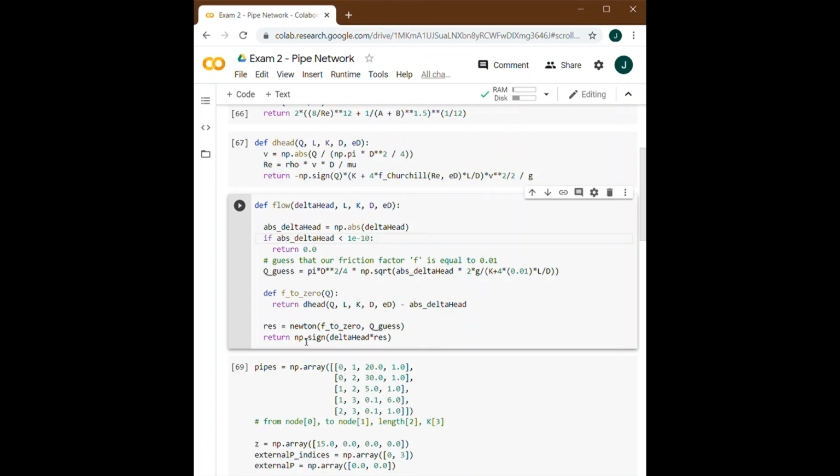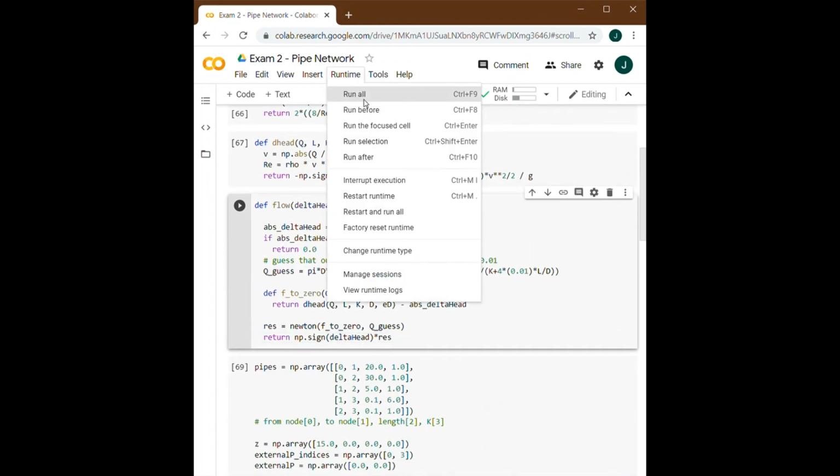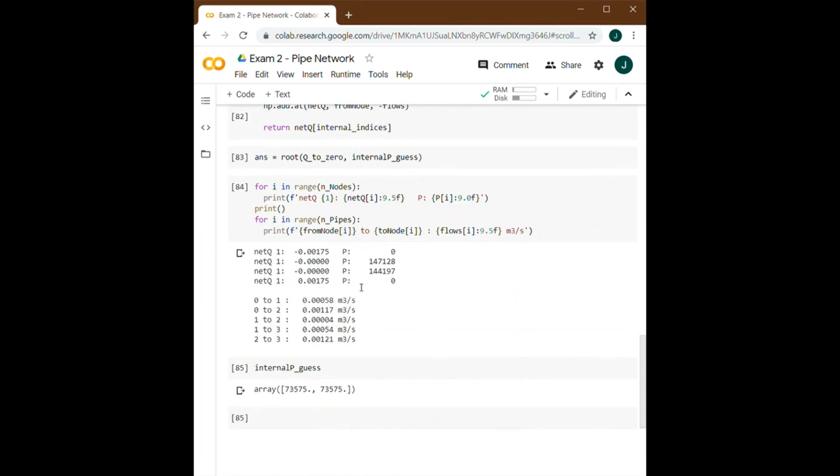And we're going to return our delta head. Let's take the result outside the delta head and see if that makes a difference. So we're going to run it all. And now as you can see, that really changed our answer.